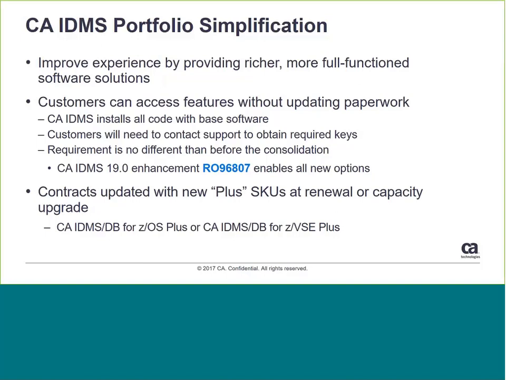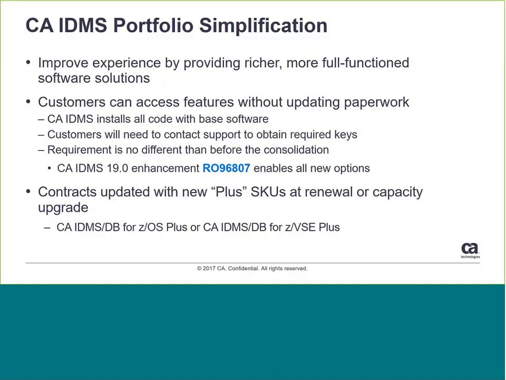These products alone are a huge value. They're the foundation products that drive modern application development within your organization, so that you can further leverage the investment you've made in IDMS and take advantage of newer ways to reach your customers. And Dave will be talking a little bit more in detail about that in just a second.